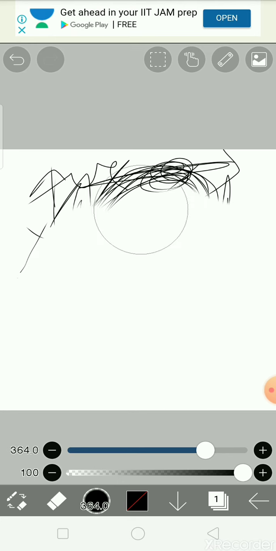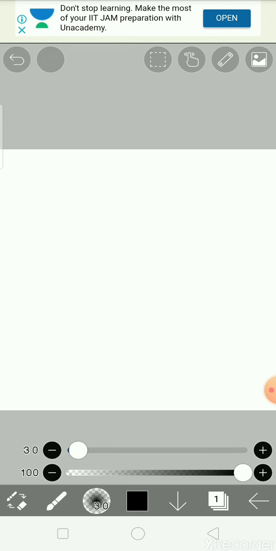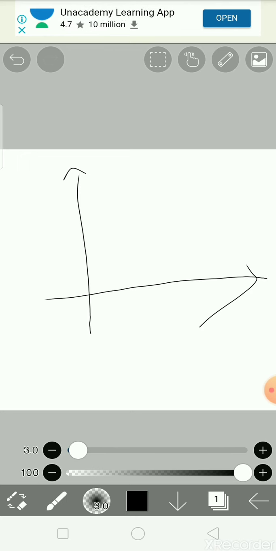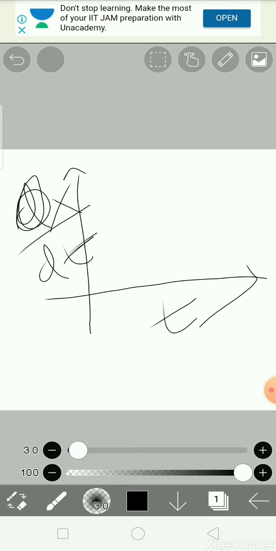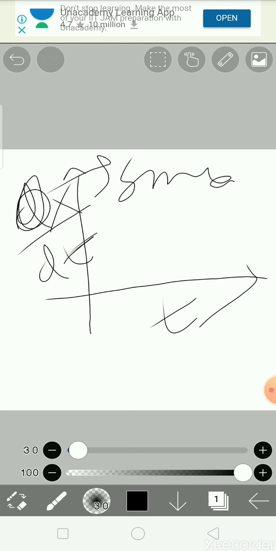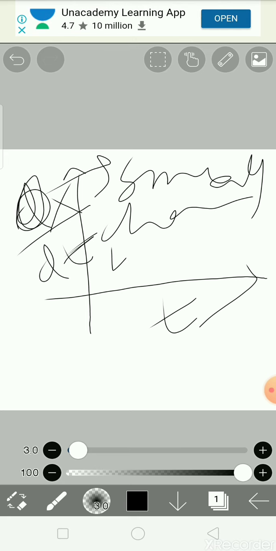So if we draw a graph between velocity and time, we can write the velocity as dx by dt with respect to time. Here what d represents is a small change, which is negligible.